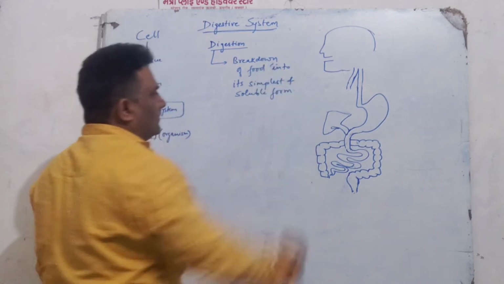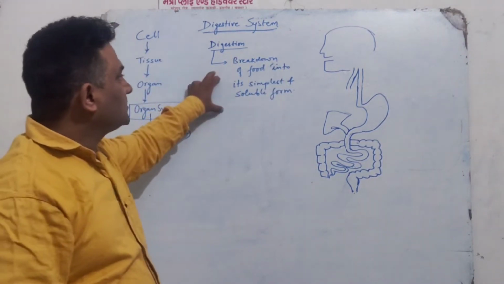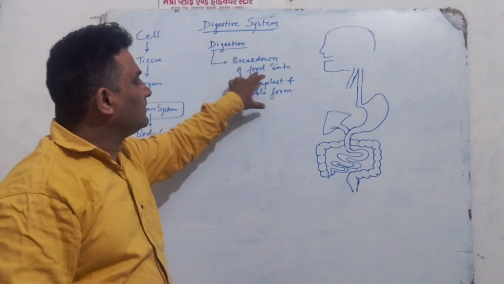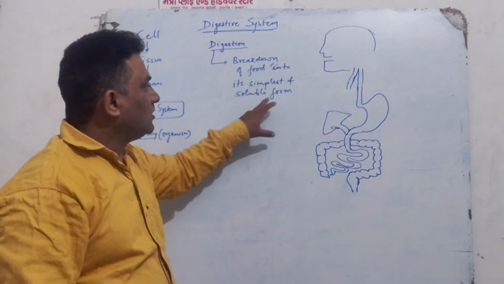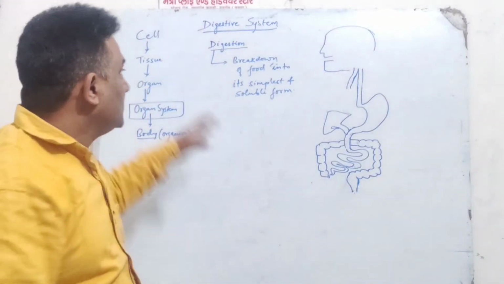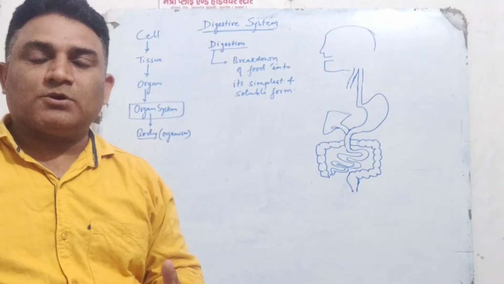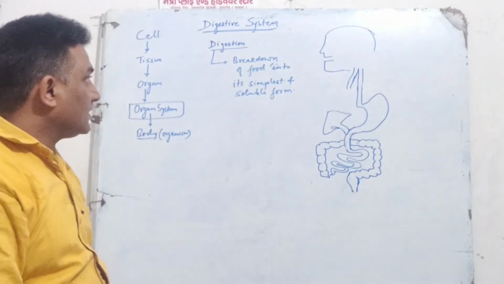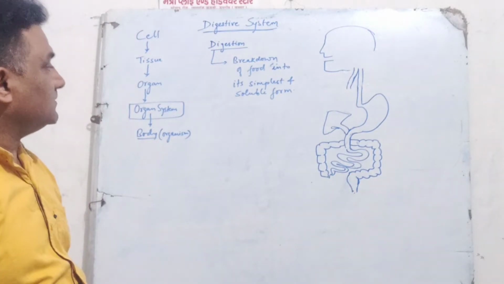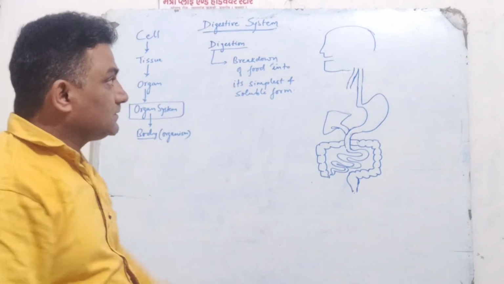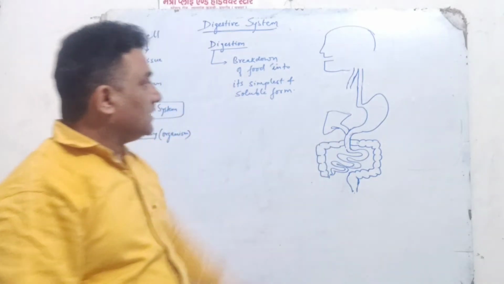Simplest and soluble form. What is digestion? Digestion is the breakdown of the food into its simplest and soluble form, which our body or the cell is going to absorb and utilize to carry out the life process. Okay. So let's come to the digestive system and these parts.